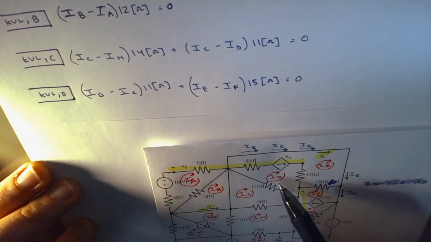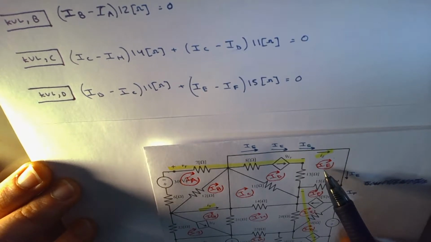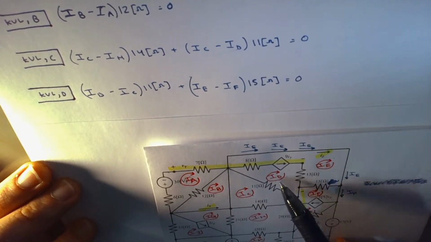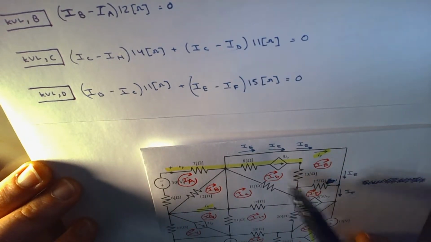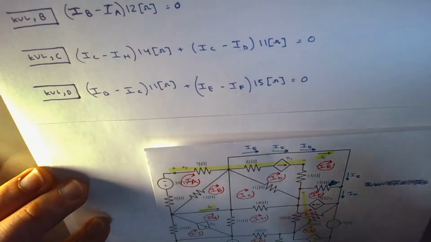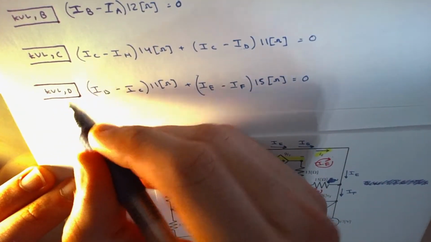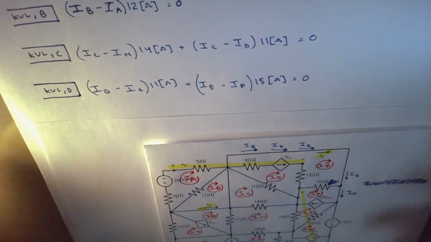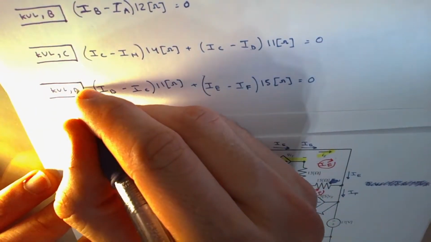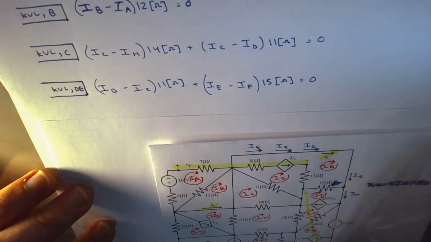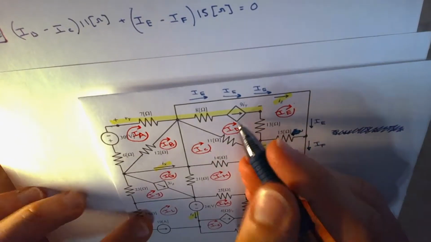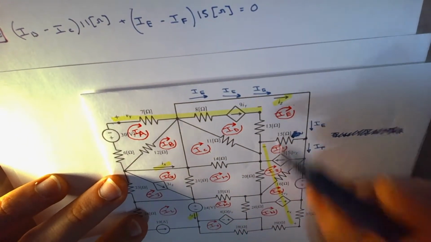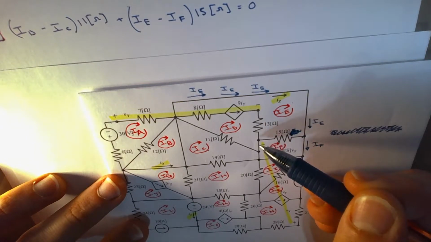Now wait a minute, if we have two independent variables, we need two independent equations in our system so that we get a unique solution. So here, when I indicate D, we're going to call this a super mesh, for lack of a better word, and we're going to note for the grader that we're doing it on D and E. But we still need one equation, and just by definition, we know that the current going down through this 13 ohm resistor is the current ID minus IE.